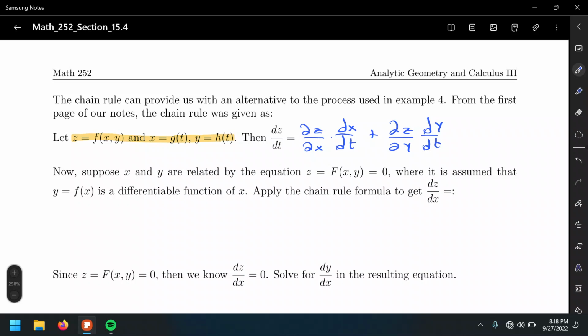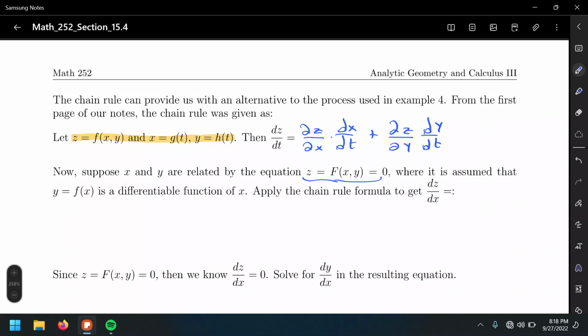So we're going to use this setting to come up with a new rule to find implicit differentiation. This function f of x, y is a function z. The trick here is to make that function, whatever function we're given, equal to 0. That is, define a new big F, send everything to one side, and that's going to create a new function. Of course, the idea is that y equals f of x is a differentiable function.